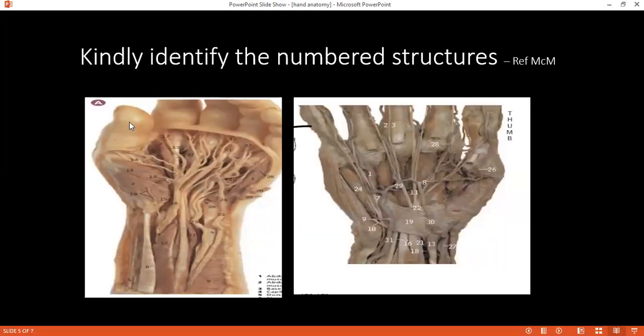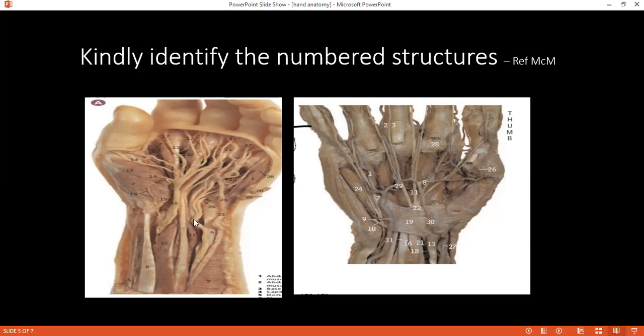Okay. Last image. If you're looking at this image A, I'm quickly going to ask you to identify only two things. One is number 6. Number 6 is the median nerve. Very good.